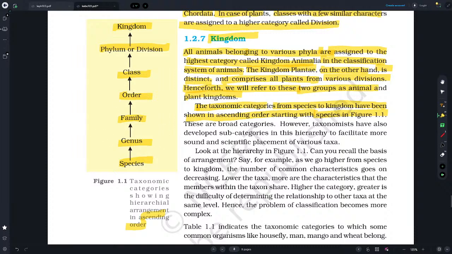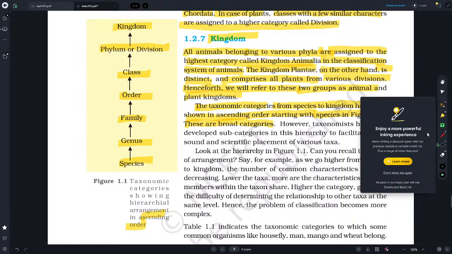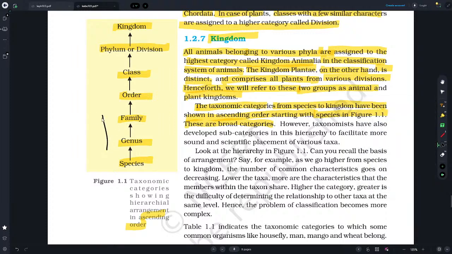This chart here, these are broad categories. As these are broad categories, they contain many organisms, thousands of organisms. The number of organisms keeps on increasing as we ascend this ladder.